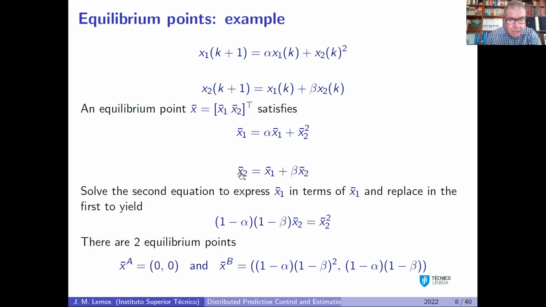So this becomes 0 equals x1 bar plus beta times 0, which is x1 bar equal to 0. So one equilibrium point is (0, 0). And the other equilibrium point is (1 minus alpha, 1 minus beta). So if x2 bar is not 0, you can divide everything here by x2 bar.